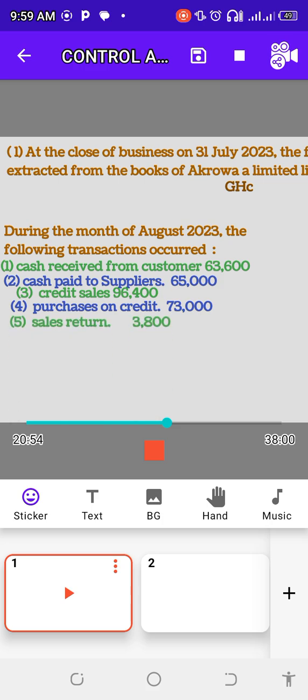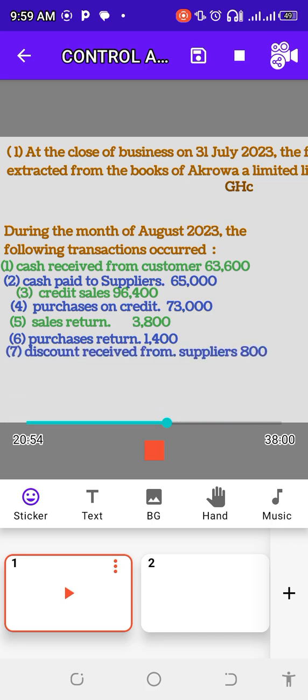Sales return is 3,800. Then purchases return is 1,400. Discount received from supplier is 800. That is number 7.